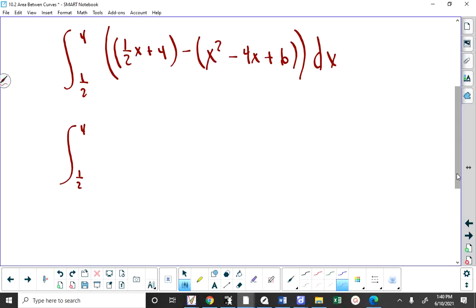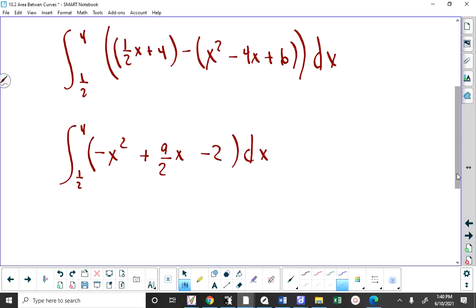Look up here. 0x squared minus x squared is negative x squared. 1/2 x minus negative 4x is 4.5x, or 9/2 x. And 4 minus 6 is negative 2.